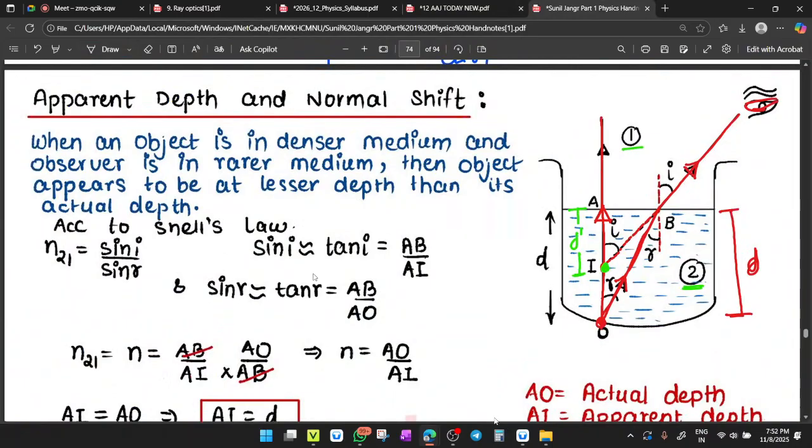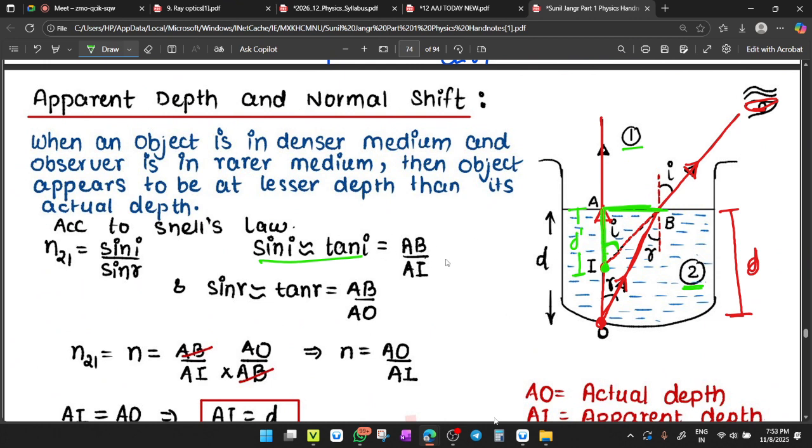So the sine of the angle of incidence equals the tan of the angle of incidence. Tan theta, this one angle, is equal to perpendicular upon base. The perpendicular here is AB, the side opposite to the angle, and the base is AI.